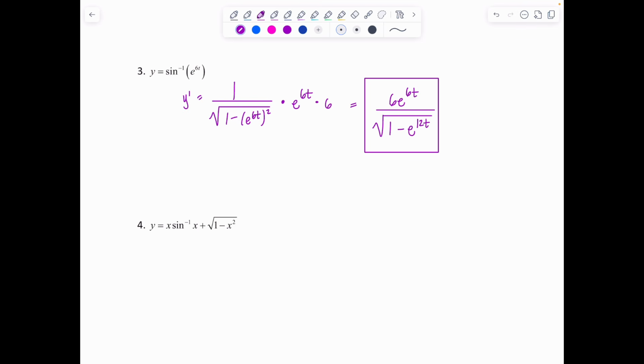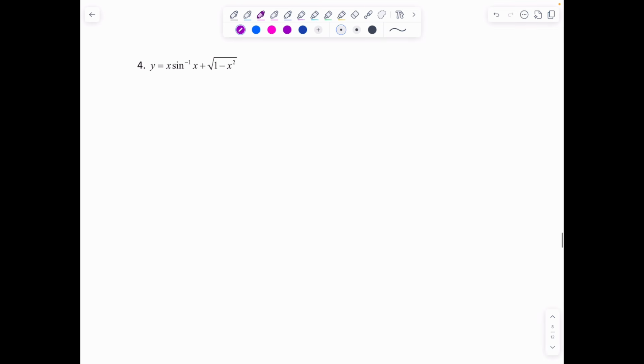Yay. Well, y equals x sine inverse of x plus square root of 1 minus x squared. Okay, here we go. I'm going to have to do product rule, right, for the first terms. Derivative of x is 1. Leave the other guy alone. Plus, now I leave x alone. Derivative of sine inverse of x is 1 over square root 1 minus x squared.